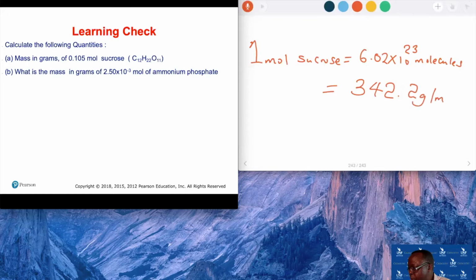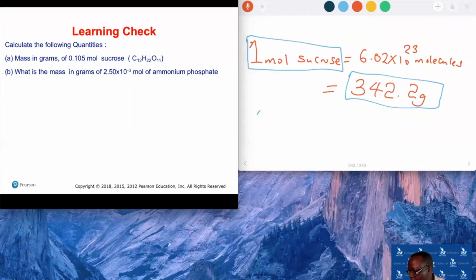Let me not even put per mole because already we have mole. That is the statement I should write down. And here it is a question of moles and grams. So I will relate this and this by saying 1 mole equals 342.2 grams.